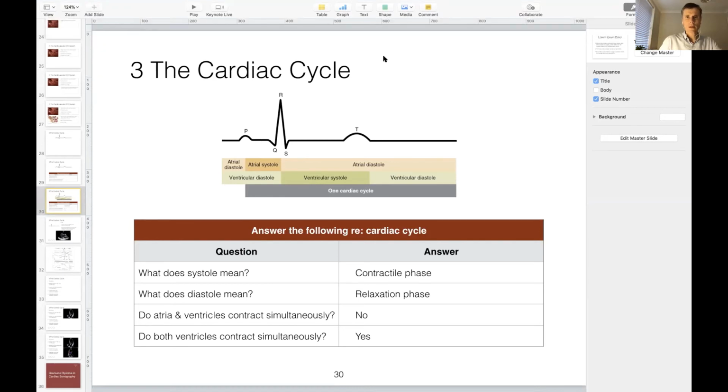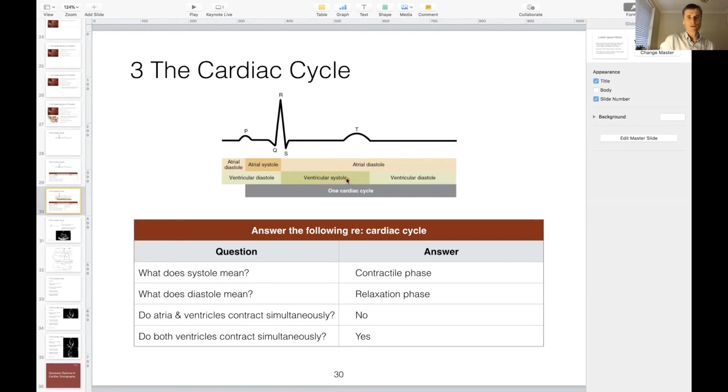So perhaps what I'll do is I'll just highlight something here, if I can, using this spotlight function. So remember here, the P wave indicates atrial systole. So there is an atrial systolic phase. Most of the time during a cardiac cycle, the atria are in their diastolic phase.